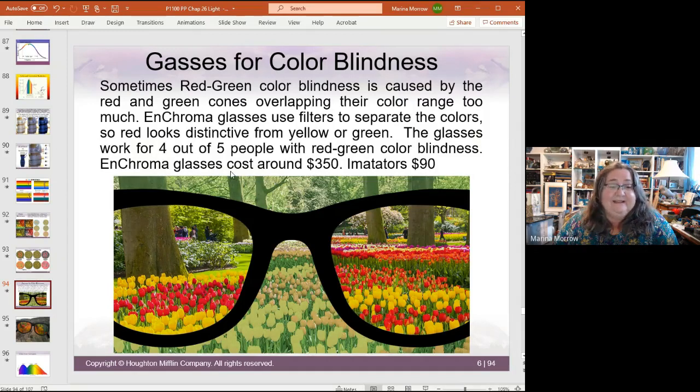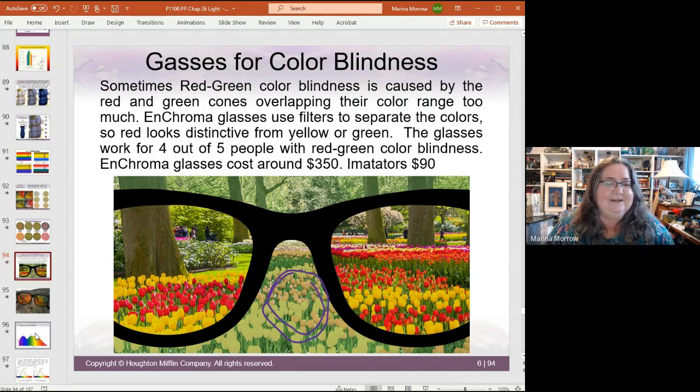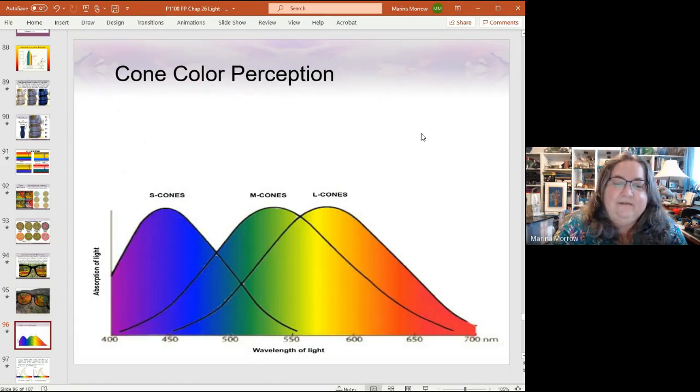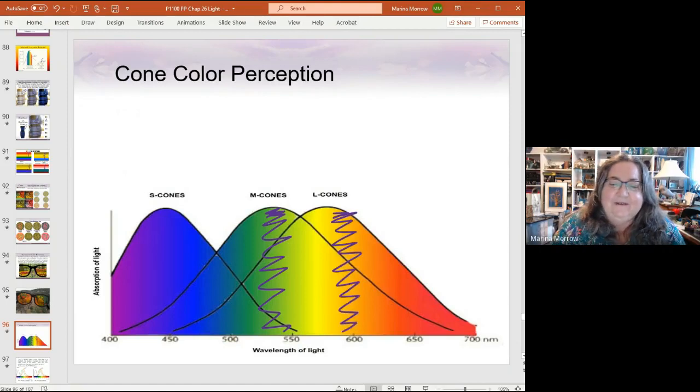And I think what these glasses do is that here you can see how the yellows and the reds and the greens don't have that much difference between them. So I think what the glasses do is they have filters that filter out some colors on either side of the yellow. So if yellow comes in, you see yellow.